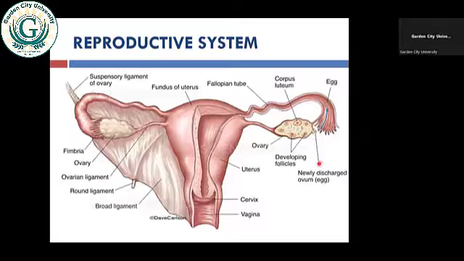So another diagram of the female reproductive system. We have the fundus of the uterus. We have the fallopian tubes.